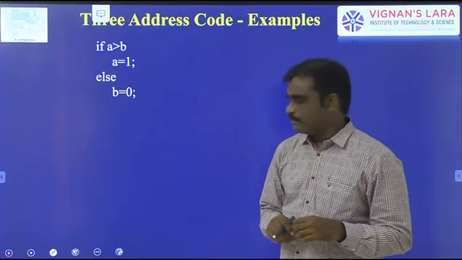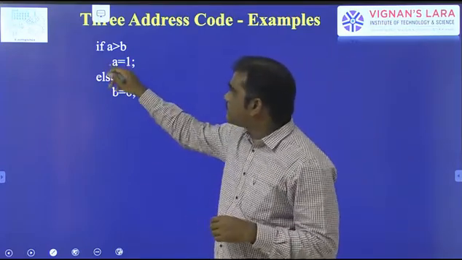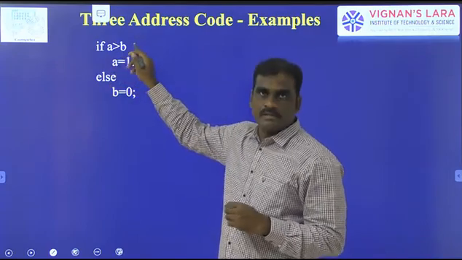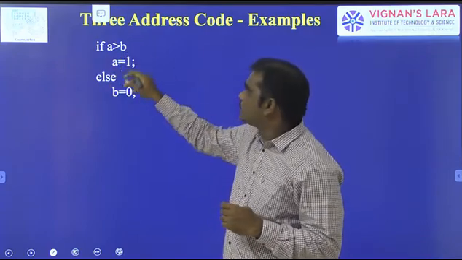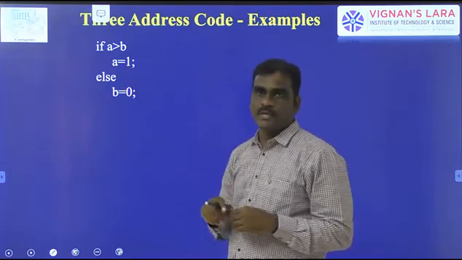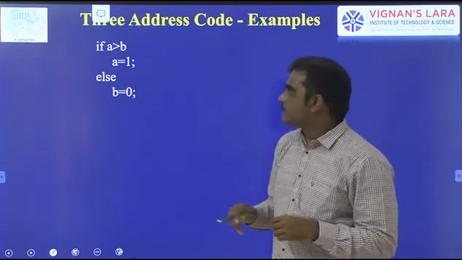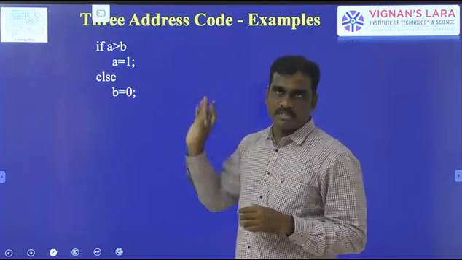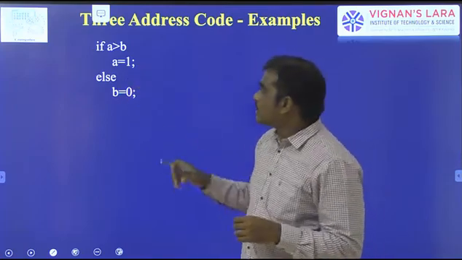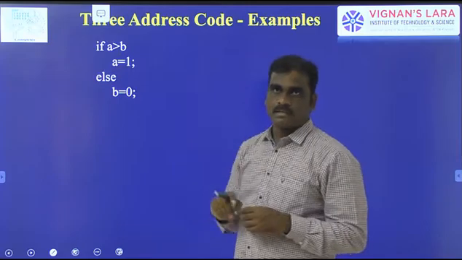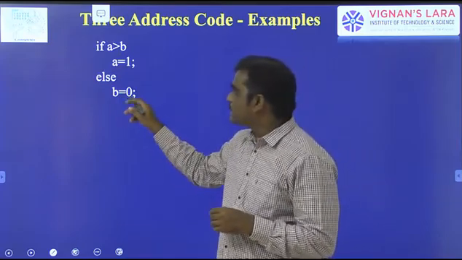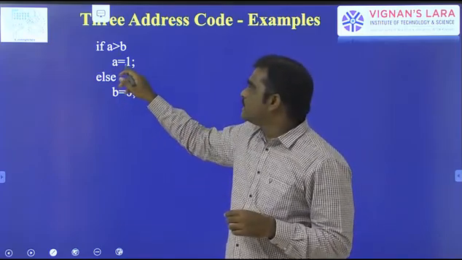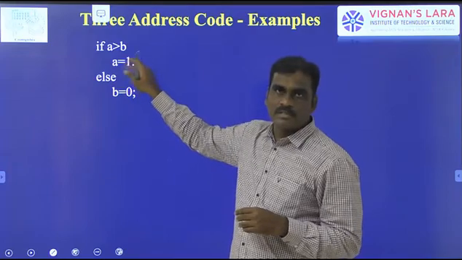Here the condition is if the condition is true, this statement will be executed, A equal to 1. At that time, B equal to 0 will not come into the picture. Suppose if the condition is false, then the result is B equal to 0. At that time, the other statement will not come into the picture.